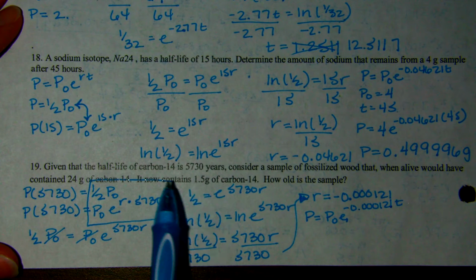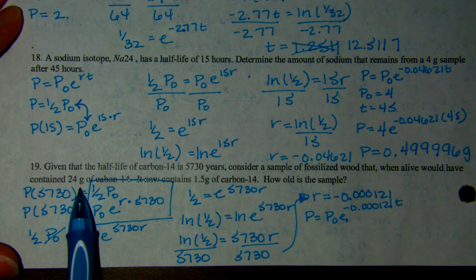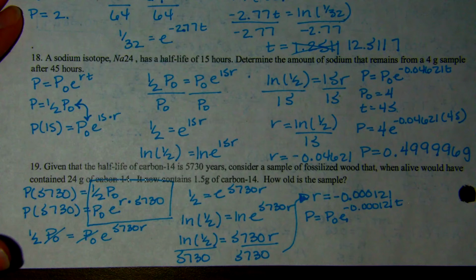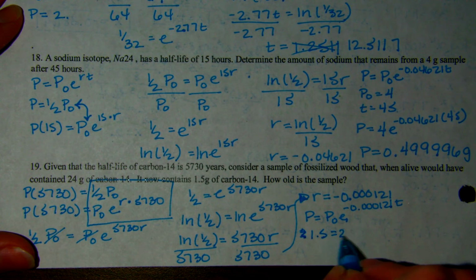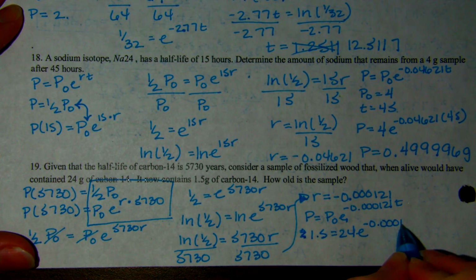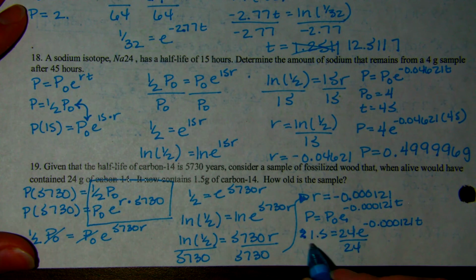They want to know time. It started with 24 grams. We ended with 1.5 grams. They want to know how long that took. So 1.5 is equal to 24 e to the negative 0.000121 t. Divide by 24.